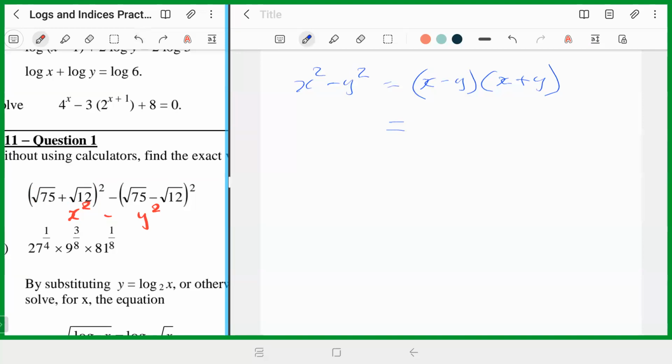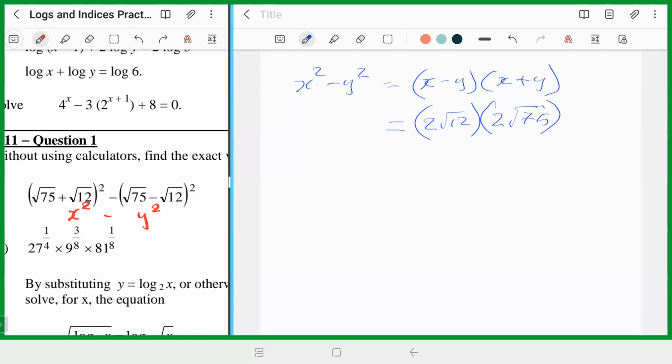So I'm going to get 2 root 12 in the first bracket. Times the sum of them: root 75 plus root 75 is 2 root 75, and root 12 and minus root 12 eliminate each other. So inside the second bracket, I get 2 root 75.